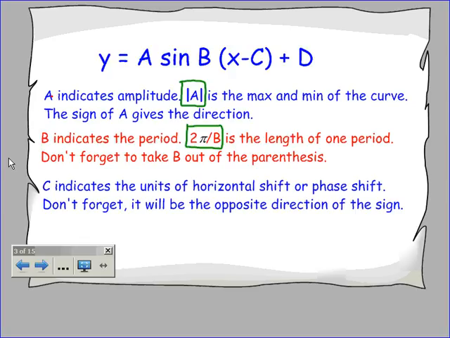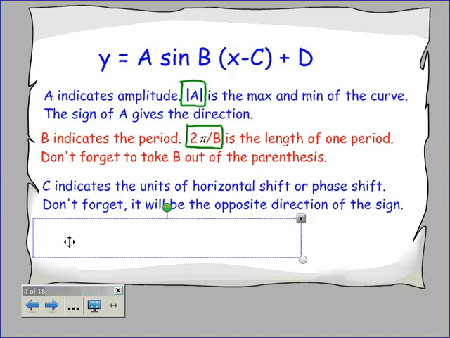Okay? So it's kind of like thinking about your root. If you've got x minus 3 equals 0, then your root is a positive 3. So same idea every time we come across that. C indicates the units of horizontal shift or a phase shift, left or right, depending on the sign, and again, it's the opposite of that sign.